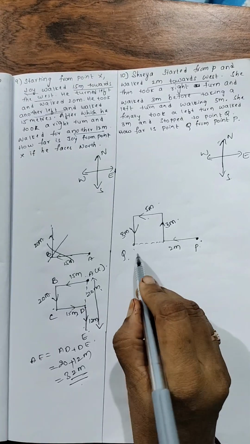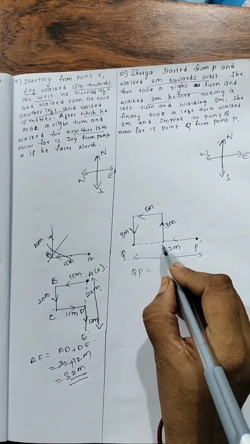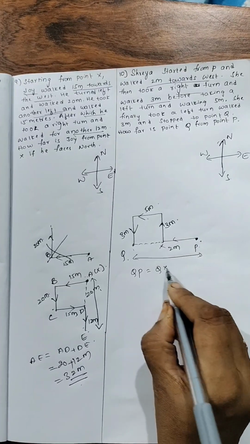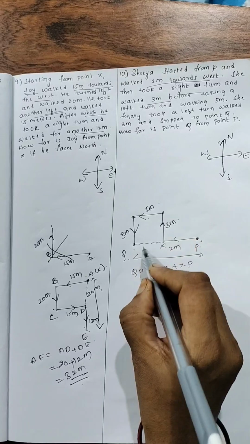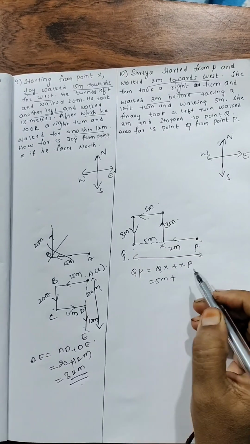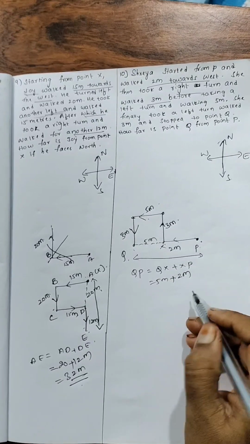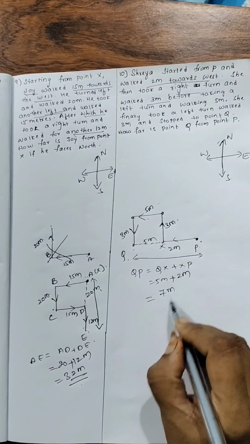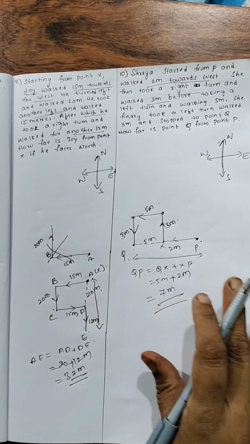The same concept. This distance we have to find. QP. You put here some X. QX plus XP. QX will be equal to this distance, 5 meters. So 5 meters plus this distance 2 meters, that is equal to 7 meters. The distance of Q from P is 7 meters.